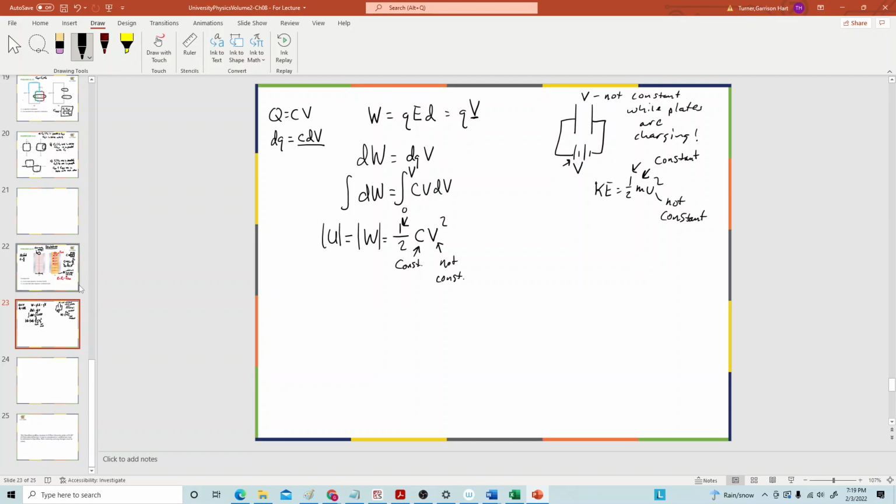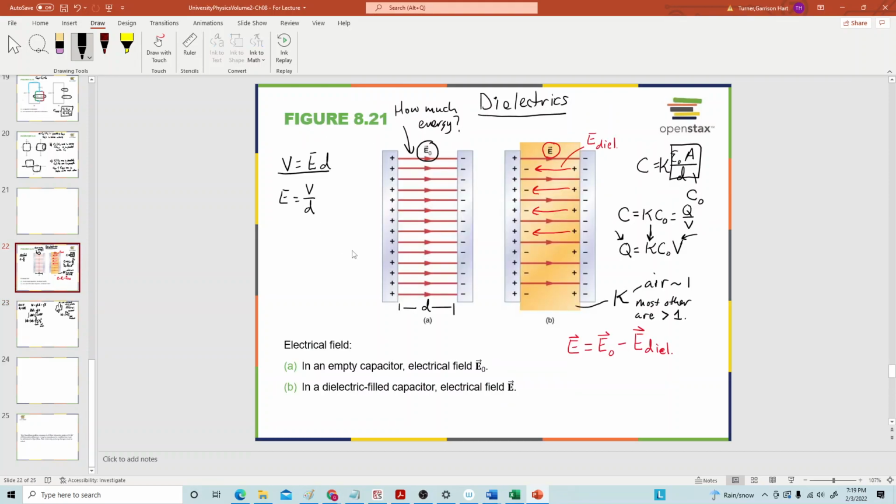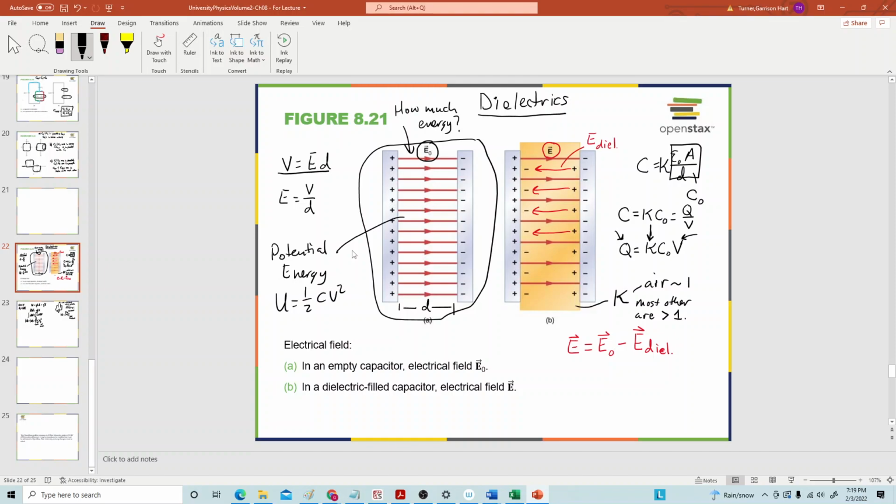Okay? So when you have a parallel plate capacitor that is fully charged, that capacitor has potential energy of 1/2 CV squared.